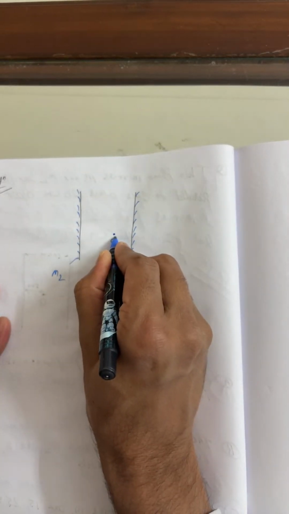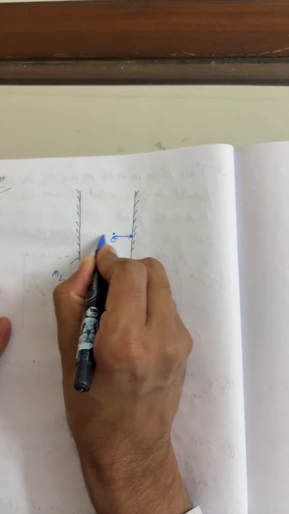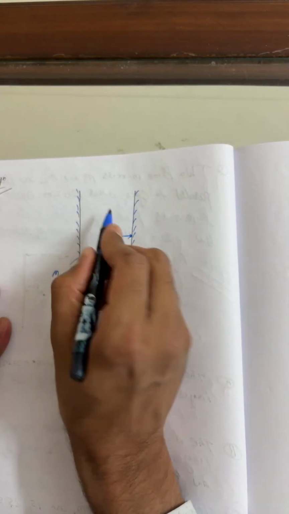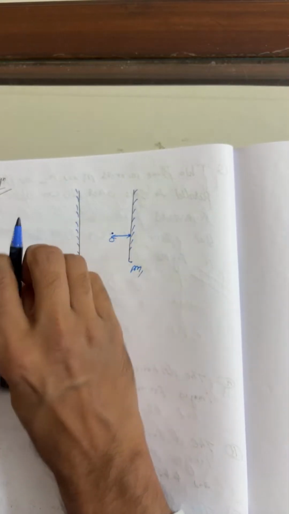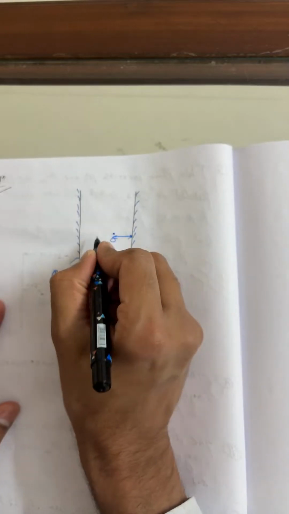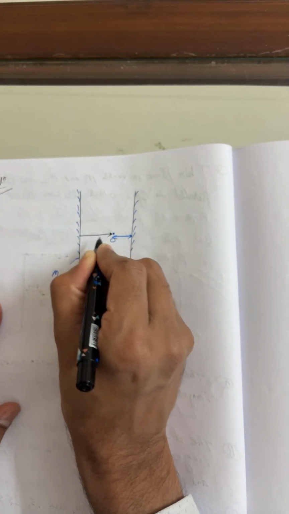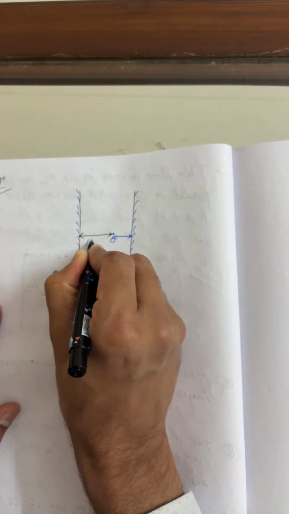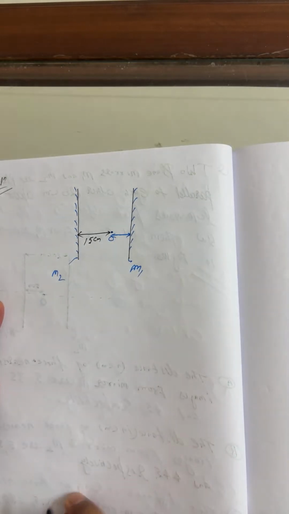This is 5 centimeter, and the entire length between the mirrors is 20 centimeter. So you can easily say this is 15 centimeter.